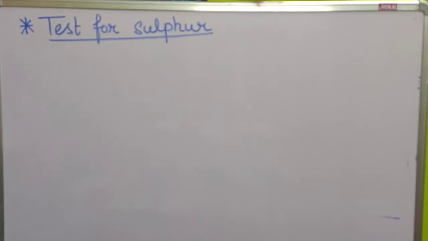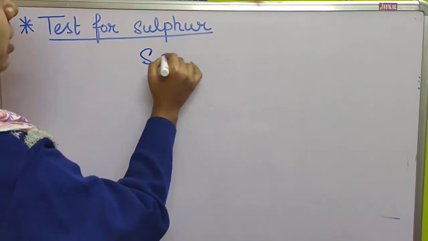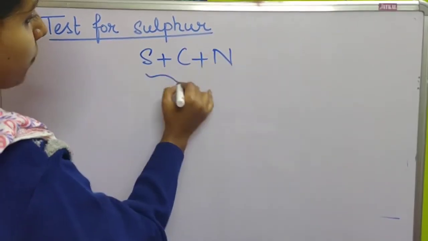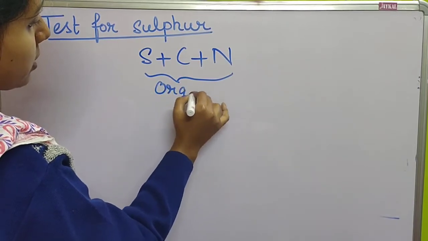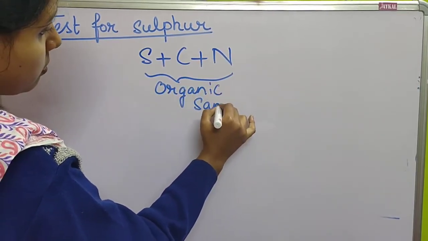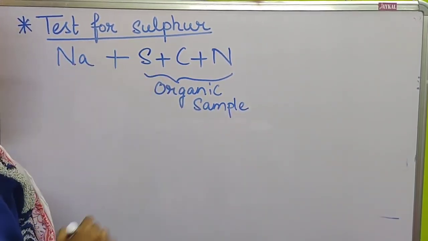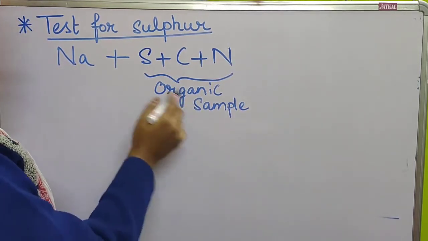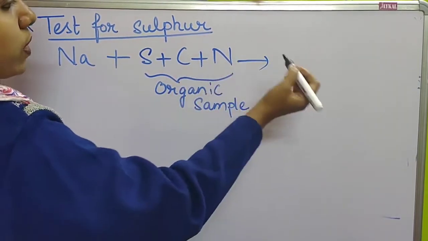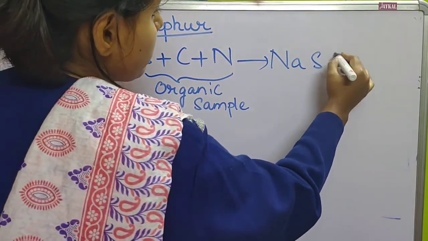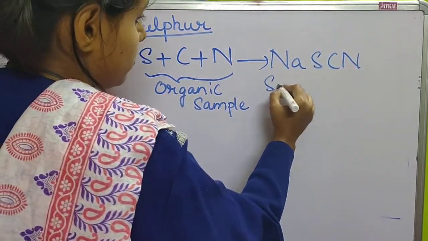Test for sulfur. If the organic sample contains sulfur along with carbon and nitrogen, if these three elements are present in the organic sample, then whenever it undergoes the Lassaigne test, it will react with sodium and make a compound known as sodium thiocyanate.